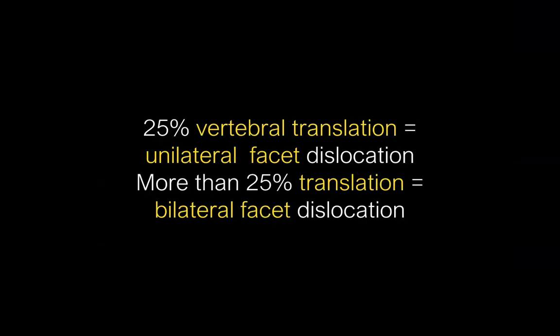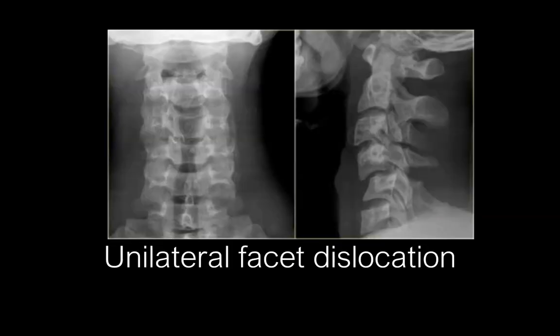And you can have unilateral facet dislocation. In unilateral facet dislocation, you might have translation, but never exceeding 25%. And if it is more than 25%, it is bilateral facet dislocation. So the degree of translation depends on whether we have unilateral or bilateral facet dislocation.